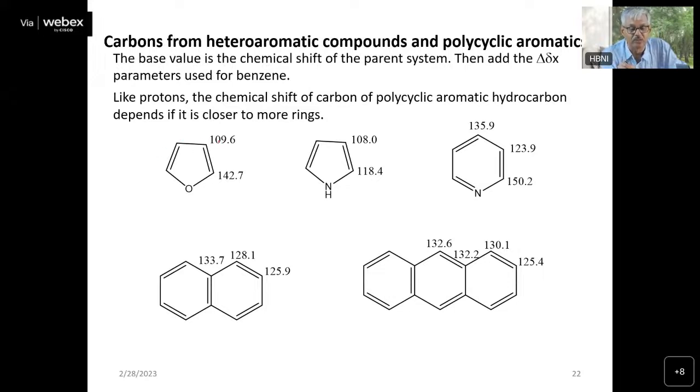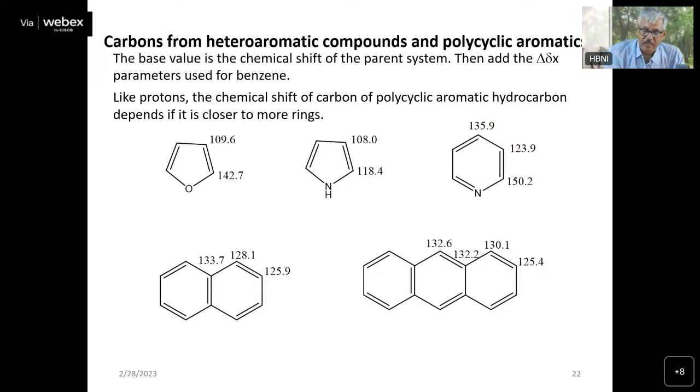And if the electron density is more, the chemical shift value will be less. This is a 6-atom 6 electron system, that's why the values are very close to benzene, but still there are differences.